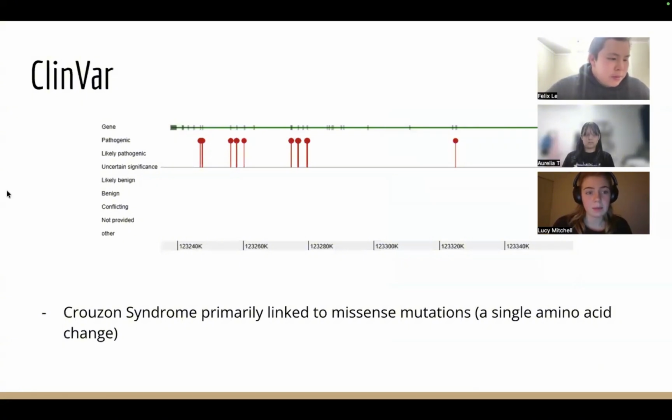In our bioinformatic breakthrough booklet, we use the ClinVar database to gain an understanding of the previously categorized pathogenic variants in the FGFR2 gene that had been linked to Crouzon syndrome and other craniosynostosis disorders. Through using ClinVar analysis, it was evident that the most common mutation type that led to Crouzon syndrome was missense mutations.